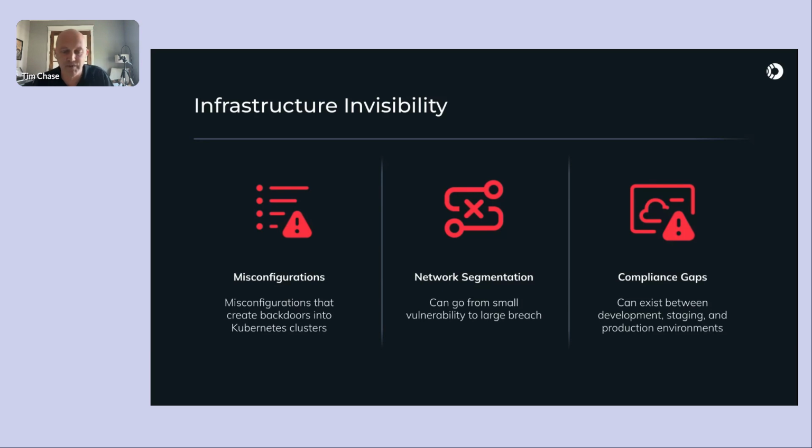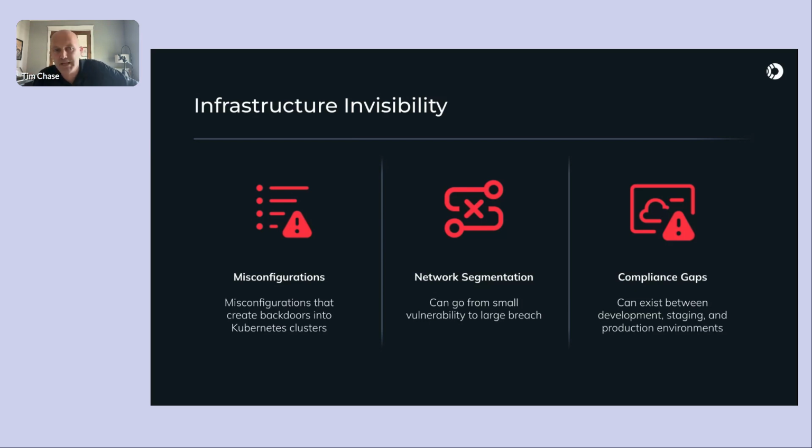The first one is misconfigurations. A lot of times we can think of this in the CSPM realm of things, right? And they can create backdoors into our environment. You could think of maybe a Kubernetes cluster that's accidentally completely exposed to the internet, or a process related to your Kubernetes that shouldn't be exposed, like an admin console, that should never be exposed to the outside, but is because of a misconfiguration.